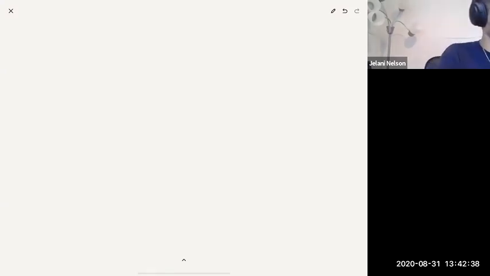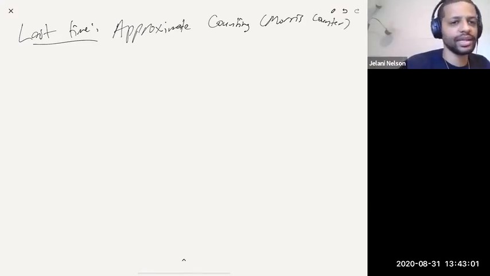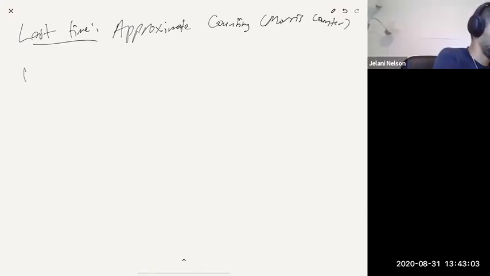Okay, so let's start. Last time we did approximate counting via the Morris counter. This time we're going to continue with counting, but we're going to look at count distinct.